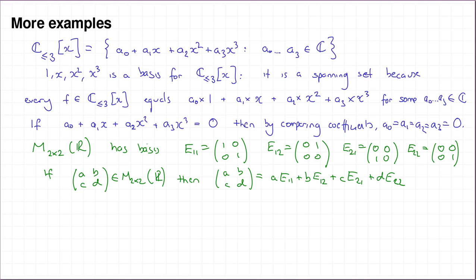That shows every element of our vector space is equal to a linear combination of e11, e12, e21 and e22, and therefore those four matrices form a spanning set.